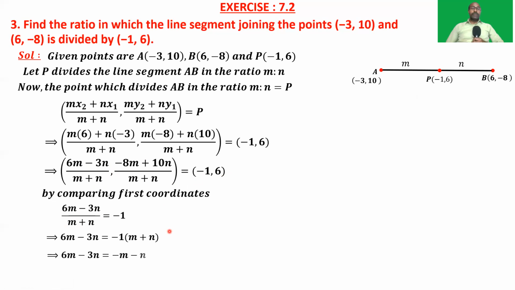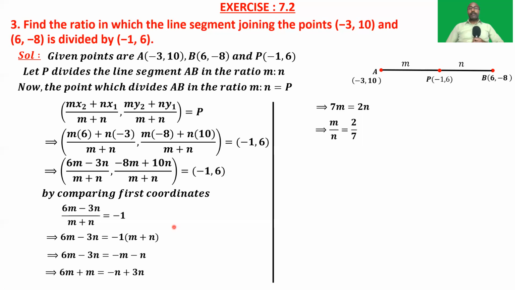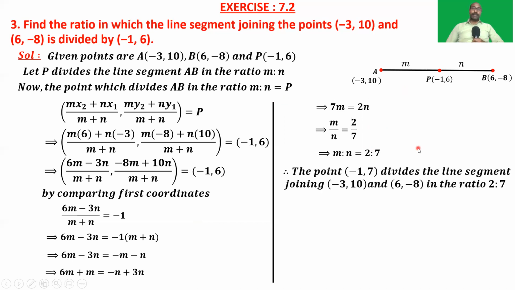Now take all the m terms one side and n terms another side. From that, we get 7m is equal to 2n, and that implies we can write m by n is equal to 2 by 7. As m by n is equal to 2 by 7, m is to n is 2 is to 7. That is, P divides the line segment AB in the ratio 2 is to 7.